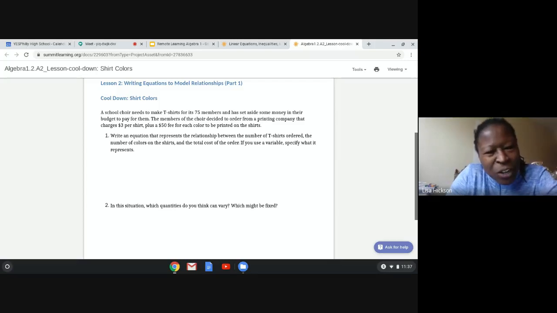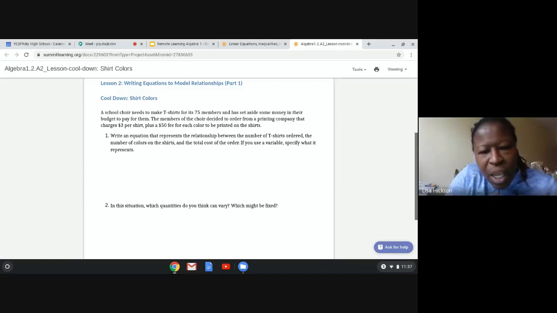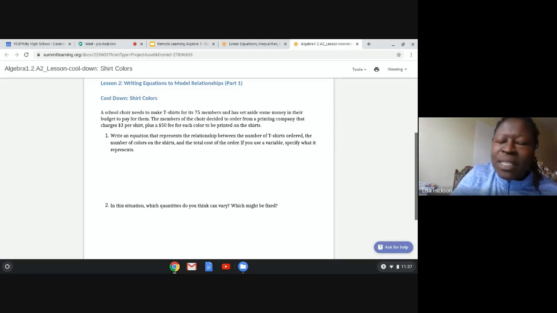Same thing. In the first one, you are going to write an equation that represents the relationship between the number of t-shirts ordered, the number of colors on the shirts, and the total cost of the shirts. Again, if you use variables, you have to specify what they represent.